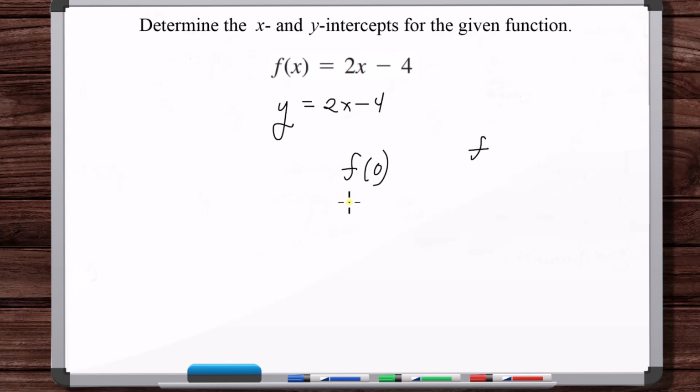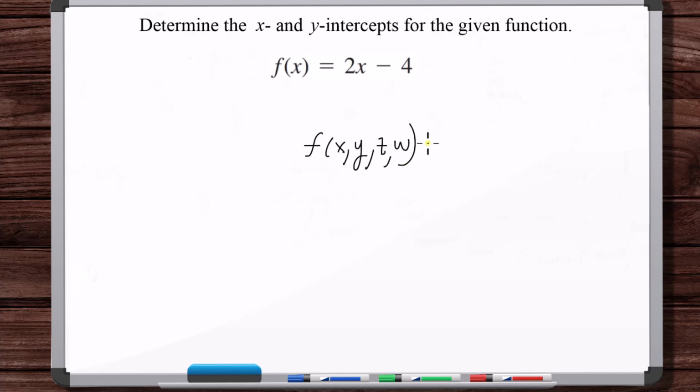Now we can extend this to a function in however many variables. Let's say we've got a function in x, y, z, and w. So in total this equation would have 5 variables: the input variables, and the output, which is a kind of variable as well. If we wanted to find where this function intercepts any of the input variable axes, we can pick any one of these.